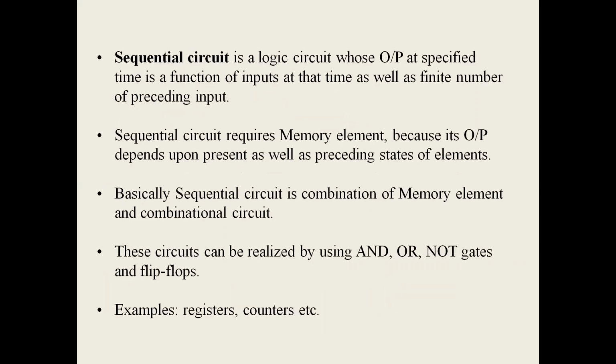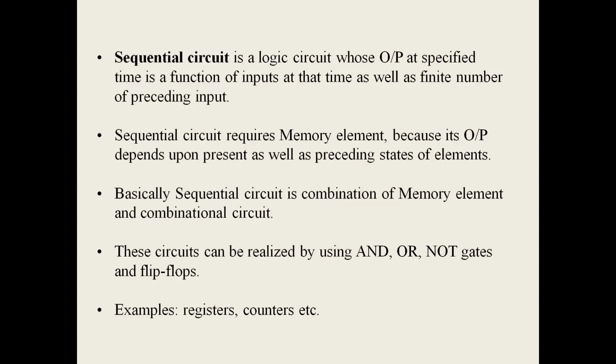A sequential circuit, as I told you, is a logical circuit whose output at a specified time is a function of inputs at that time as well as a finite number of preceding inputs. A sequential circuit requires a memory element because its output depends upon present as well as preceding states of elements.